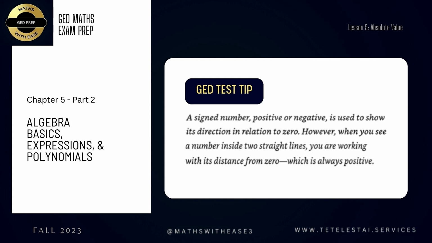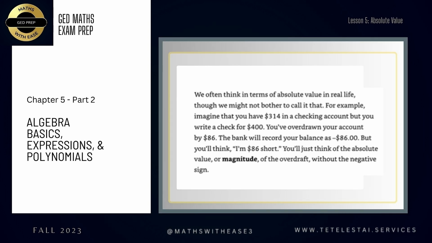Reiterating, signed numbers are an indication of directionality, or the direction of the number in relation to 0 when we're looking at the number line. On the other hand, the absolute value of the number indicates its distance from 0, and that distance is always non-negative.